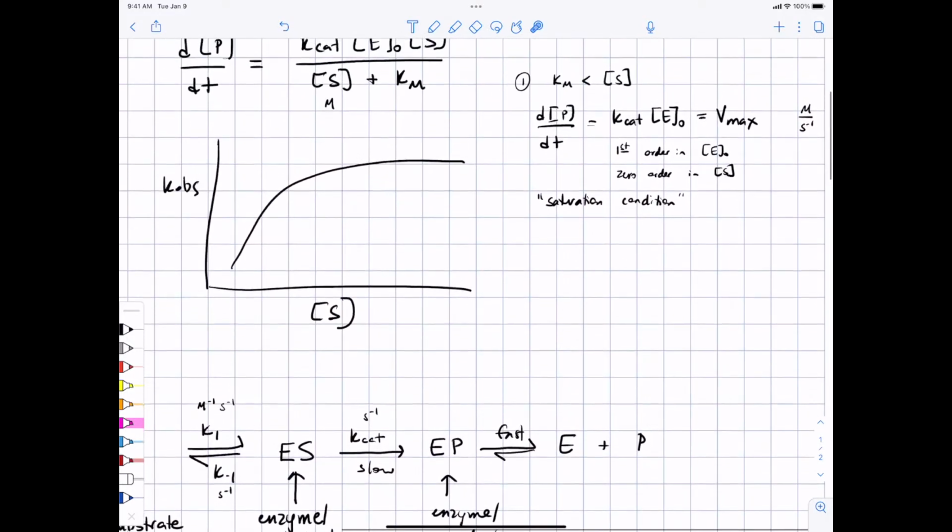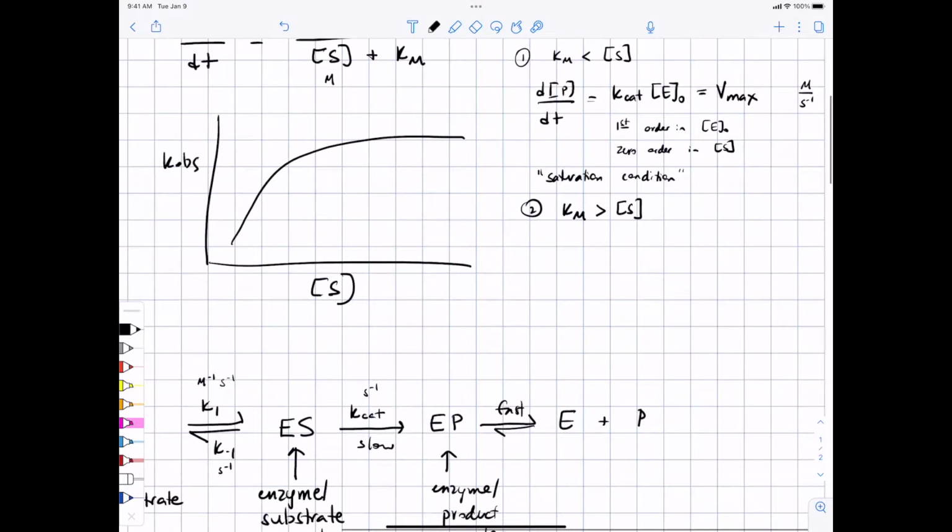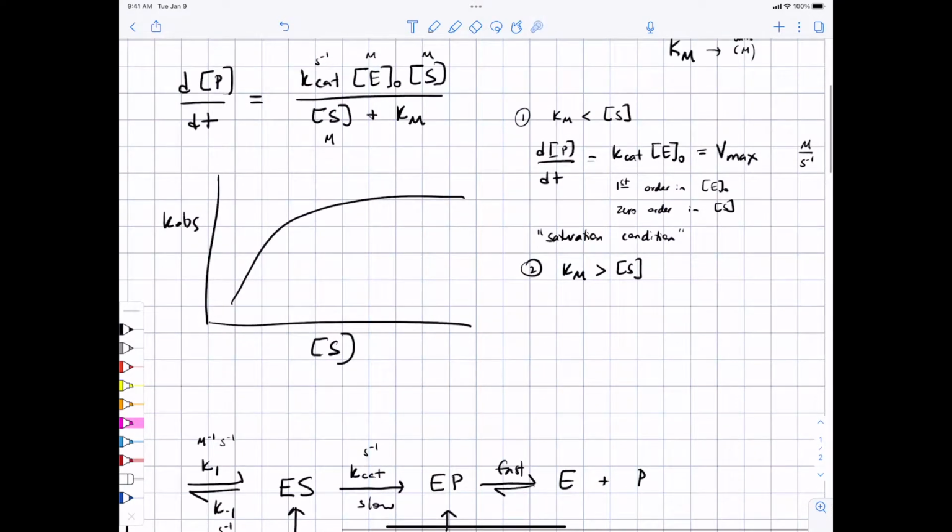All right, the second set of conditions is if the substrate concentration is much less than Km. And under these conditions, you would expect Km to dominate in the denominator.